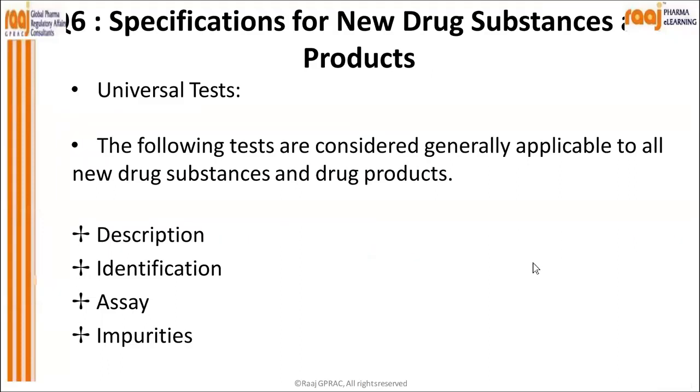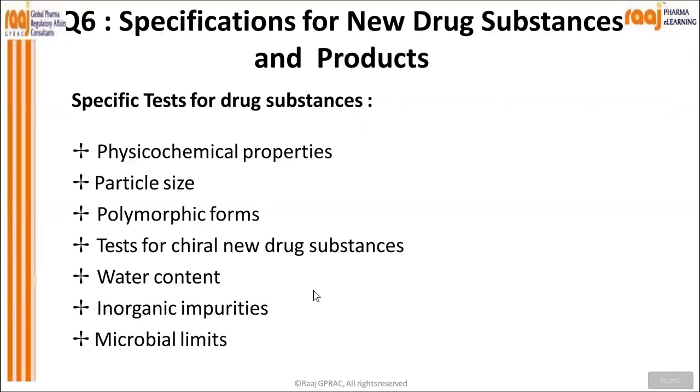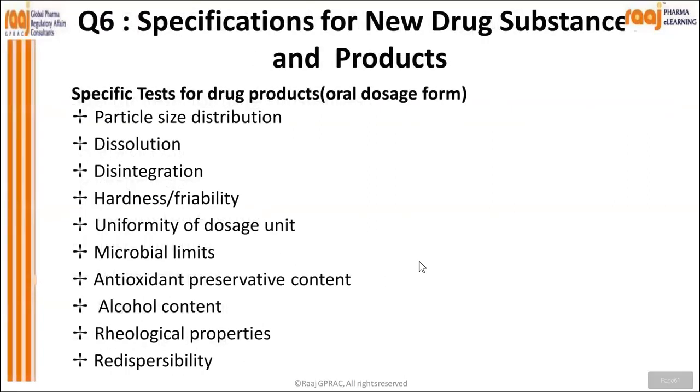Then there are some universal tests, like description, identification, assay, and impurities. And there are specific tests for the drug substance, like physicochemical properties, particle size, polymorphic form, chiral new drug substance, water content, inorganic impurities, and microbial limits.